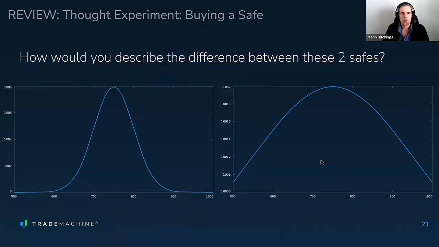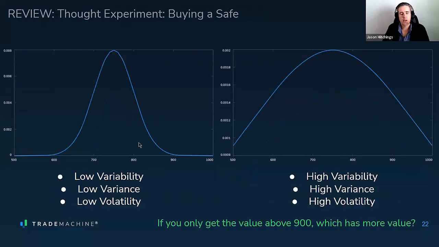Now in the stock world, you wouldn't want a lot of variability in your investment, but in the options world, a lot of variability is of interest and is of value. So if we're going to describe the differences, we could say low variability, low variance, low volatility, or high variability, high variance, high volatility. And we're going to use the term volatility today.